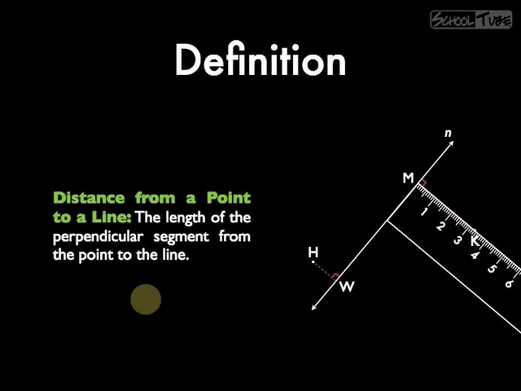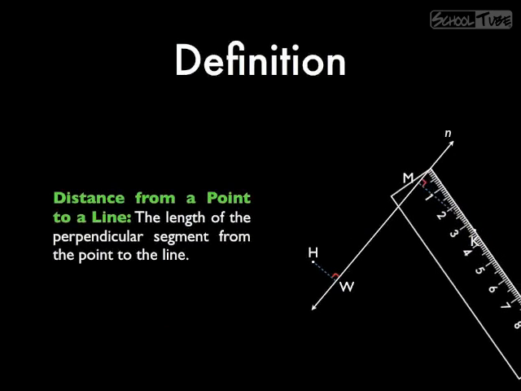But notice, if it's not on the perpendicular, it's actually longer, 3 4/10 centimeters right there. We just moved the ruler just a few degrees off, and we've increased the length of the segment.